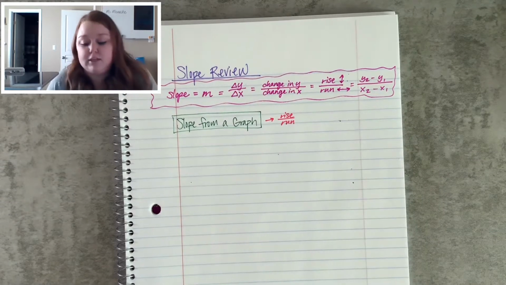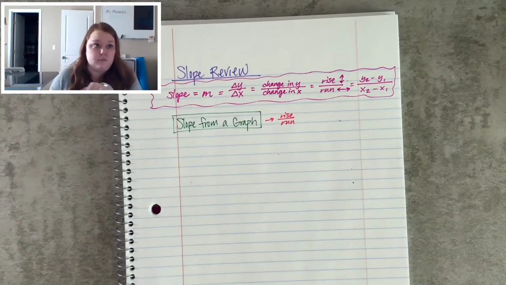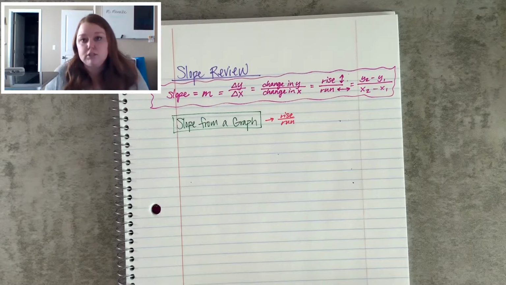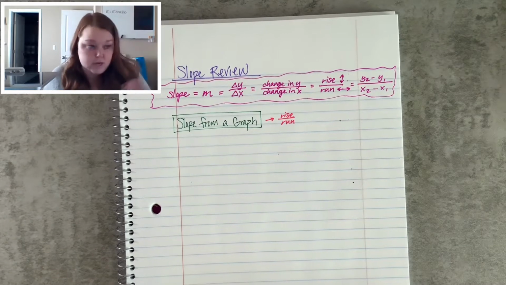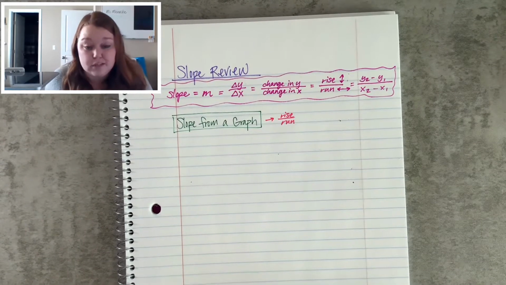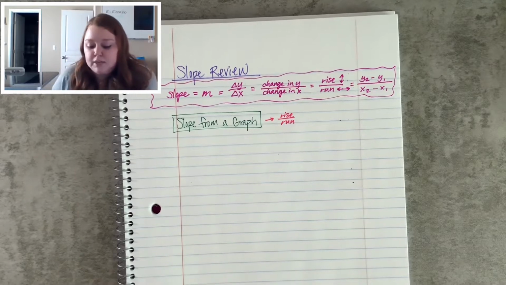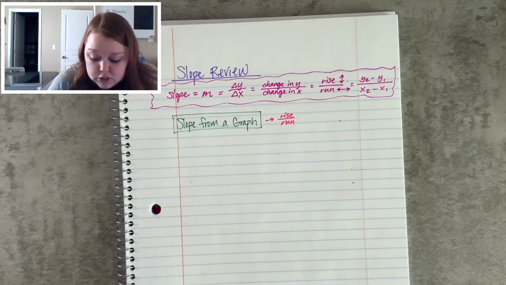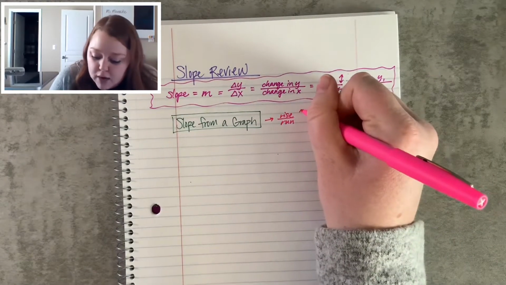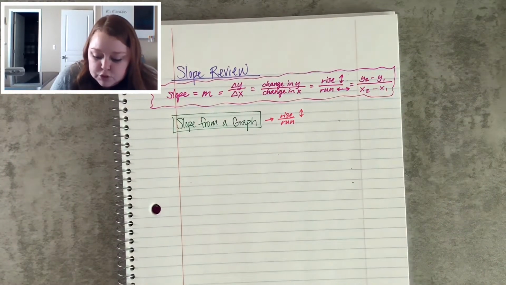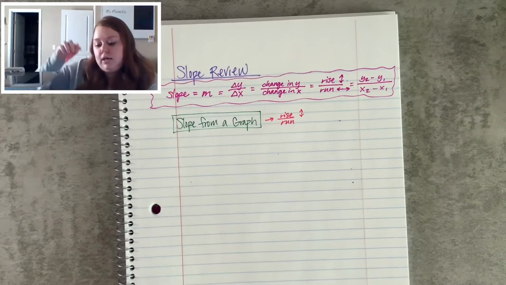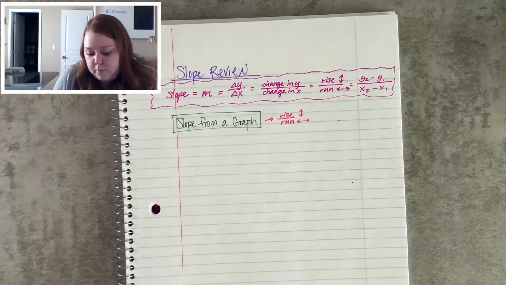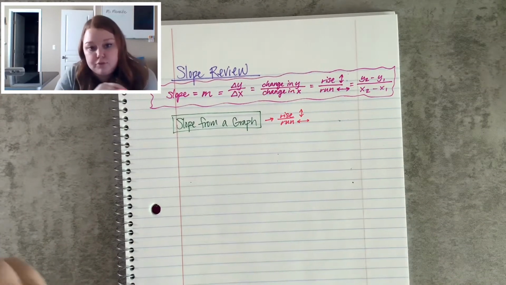Now, some of you might like to think about it as vertical change divided by horizontal change. Beautiful. Some of you are still in the mode of change in y divided by change in x because it works for everything. Good. But rise over run is the same thing as change in y over change in x. So the rise, we'll look at how much the 2 points went up or down. And then the run, we'll divide it by how much it went over, left or right.